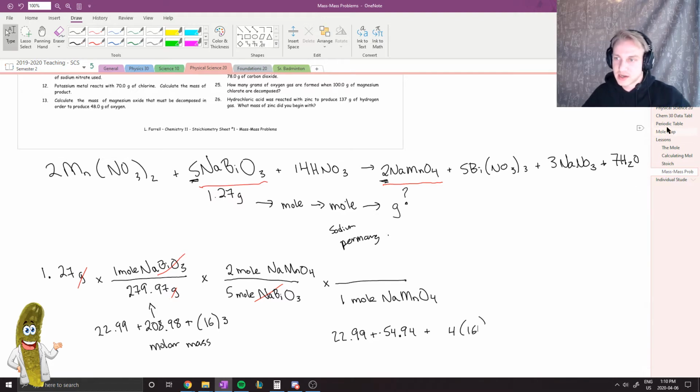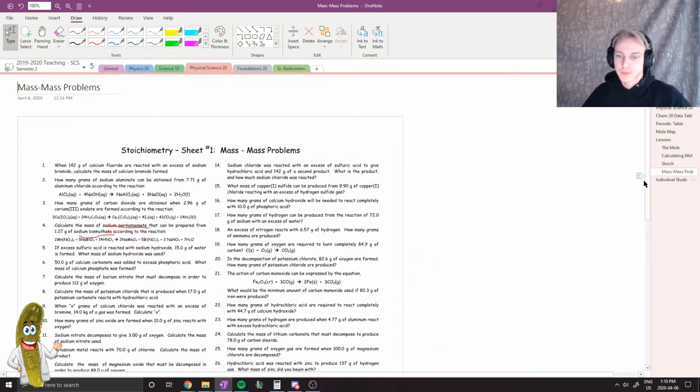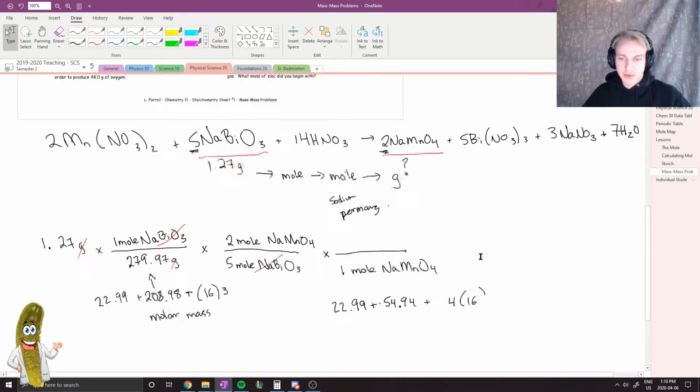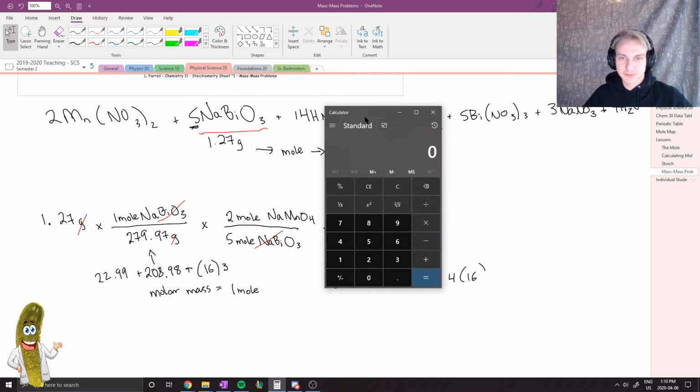Oxygen is 16. I'll show you that on the periodic table here. Here's oxygen at 16. So when we're going through this, this molar mass is equal to 1 mole. Remember that the molar mass is equal to 1 mole.